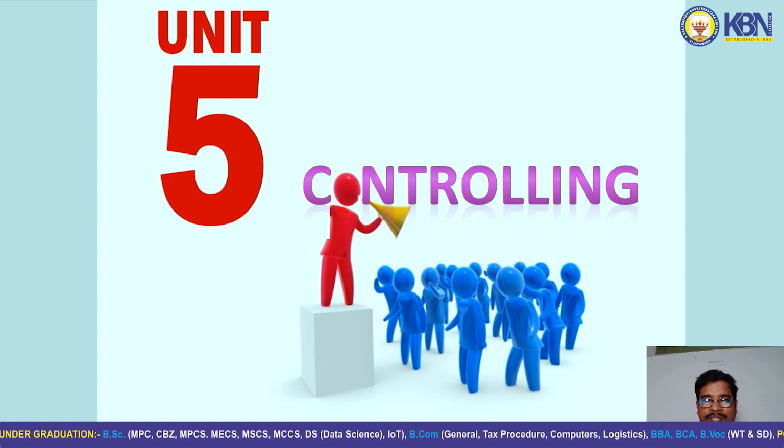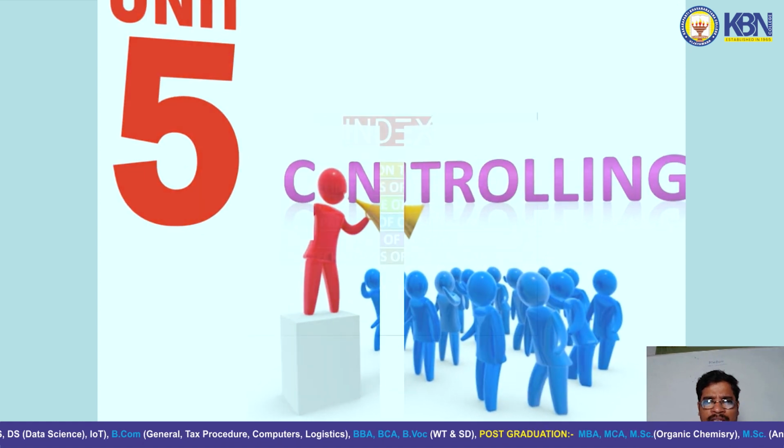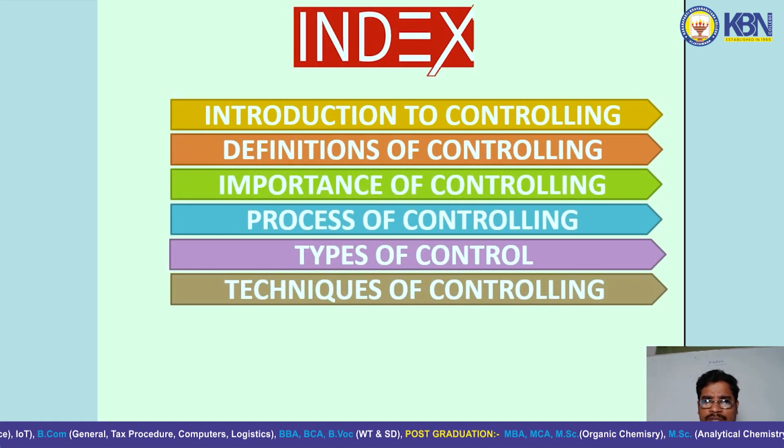Yes, this is unit 5 and the last part of the entire syllabus. So coming to this controlling unit, what are the topics that we are going to cover? This is the index regarding unit 5.